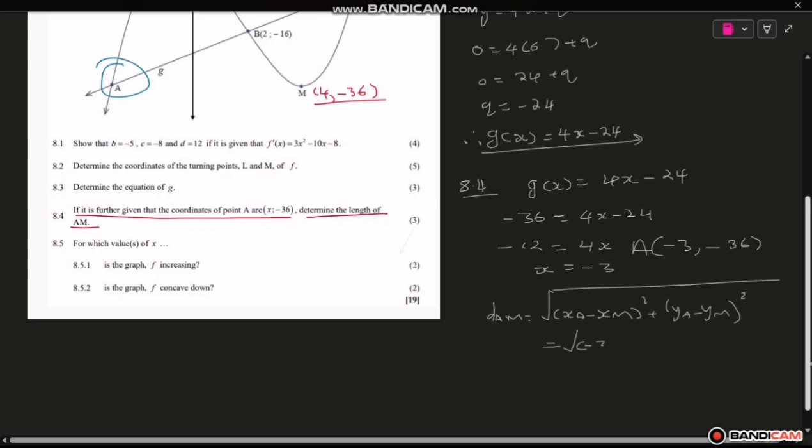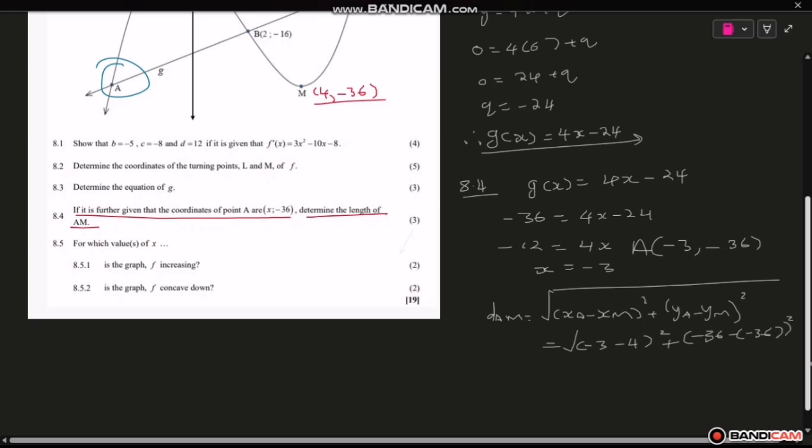Then AM equals the square root of (negative 3 minus 4) squared plus (y_A is negative 36, because that's the y value of point A) negative 36 minus the y value of point M, where point M, the turning point, is also (4, negative 36).